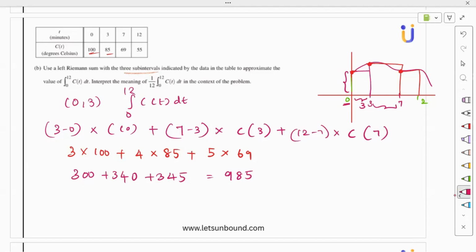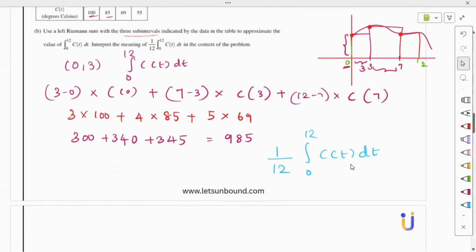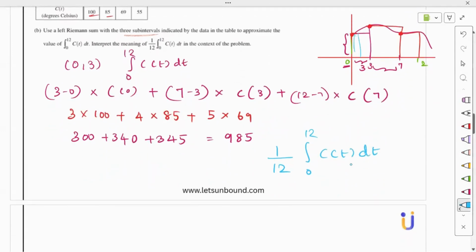And interpret the meaning of 1 over 12 times the integral from 0 to 12 of C of t dt in the context of the problem. This is similar to a mean value. It is the sum of all the area below the curve, summing up the integral and dividing by the length of the interval. So this is nothing but the mean; you can relate it to the mean formula, sum divided by the number of observations.